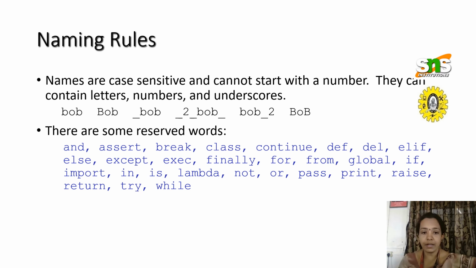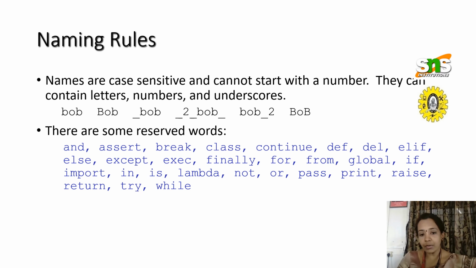If I represent a variable in small letters, this is a separate variable. If I put capital letters, then it is another variable. Likewise, every representation is totally different. But there is a condition: a variable should not begin with a number. That is an important condition.